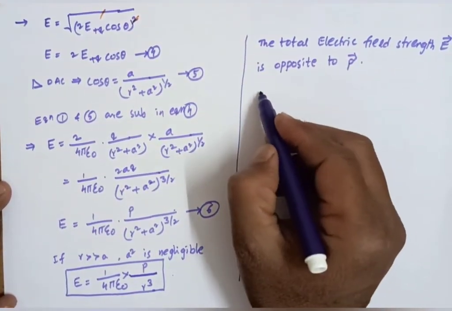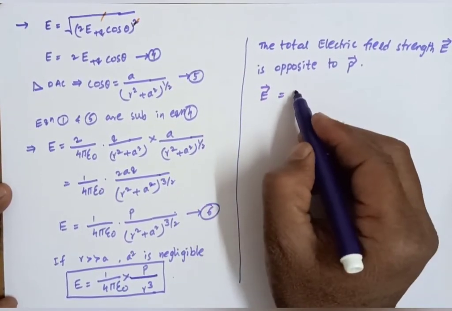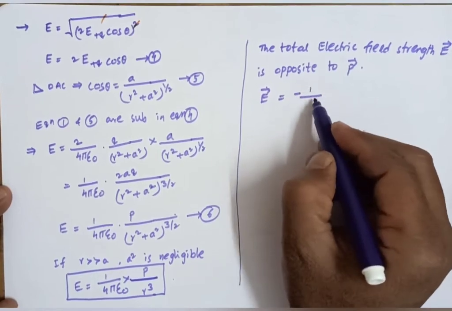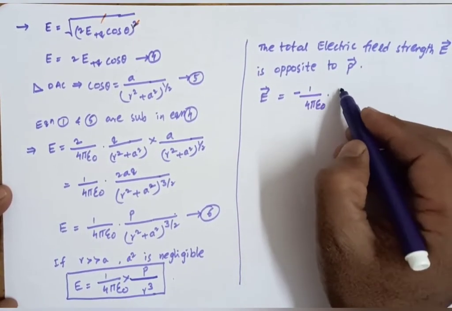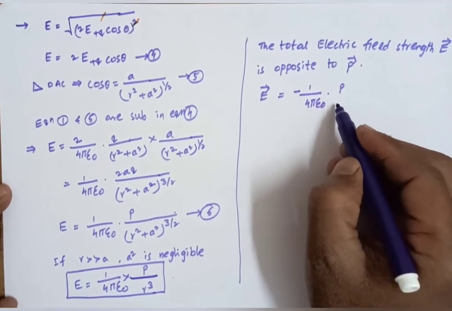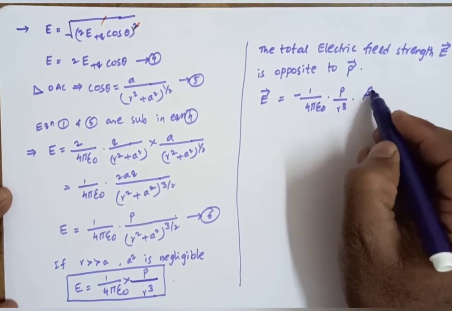So then we can take E bar equals minus 1 by 4 pi epsilon naught into P by r cube into P cap.